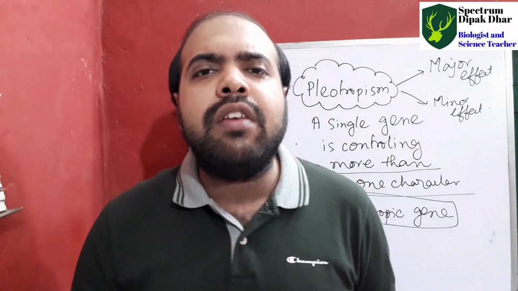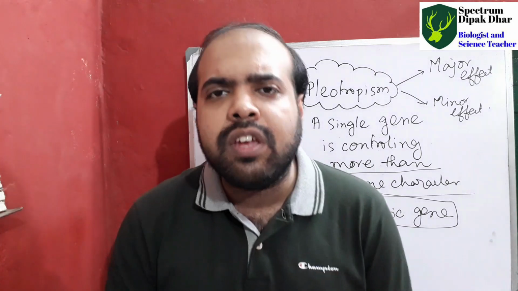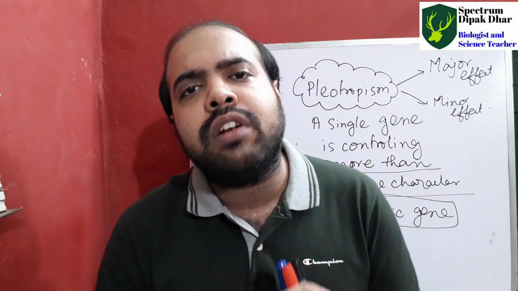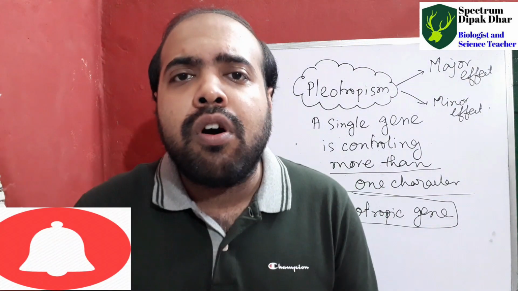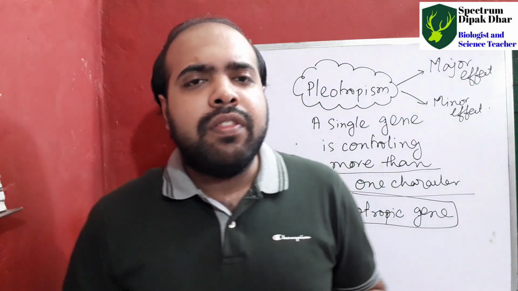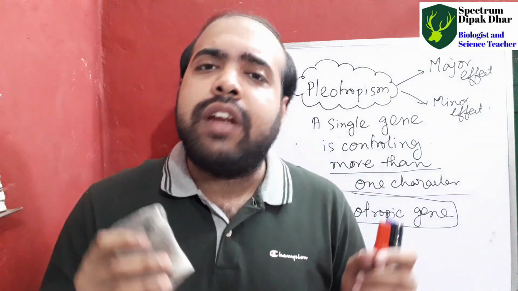Now, if there is any mutation of the genes which control the transcription of the mRNA which codes for phenylalanine hydroxylase, then what will happen? Phenylalanine will not be converted into tyrosine.